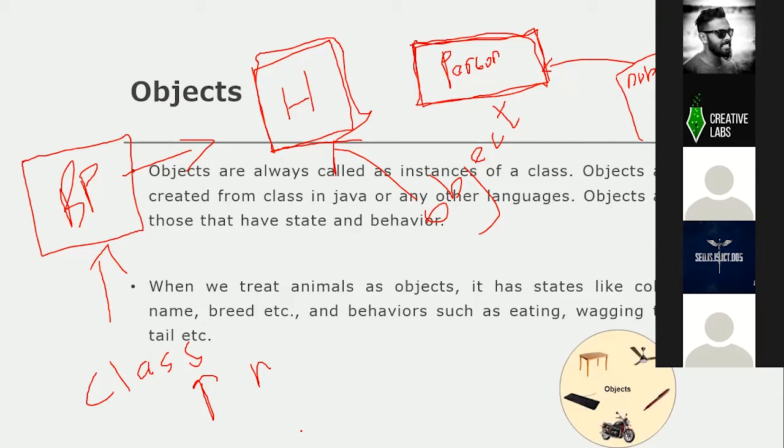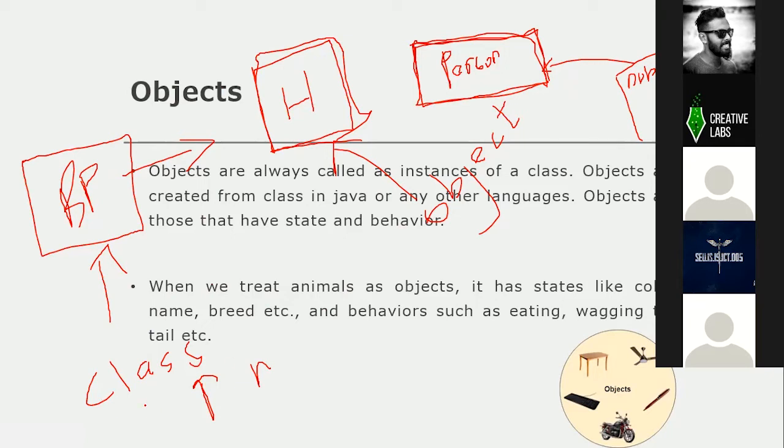Out of this blueprint, we can create 100 houses. Each and every house will get the same state and behavior which this blueprint initially got. Are you clear about that?